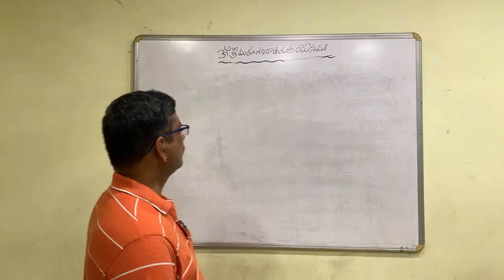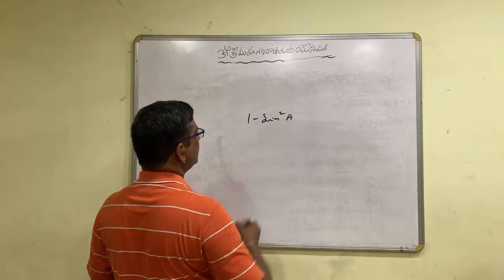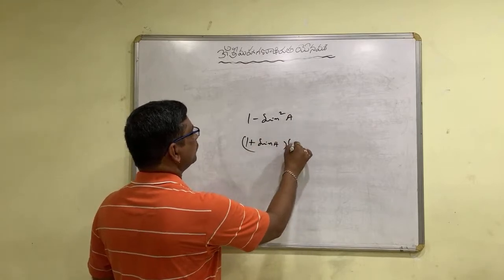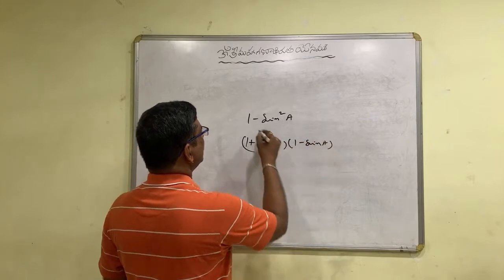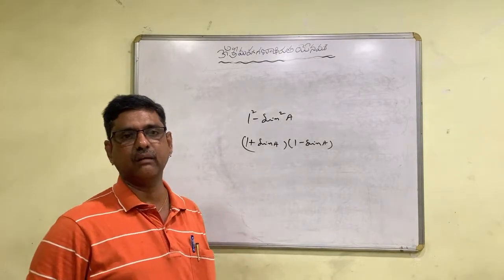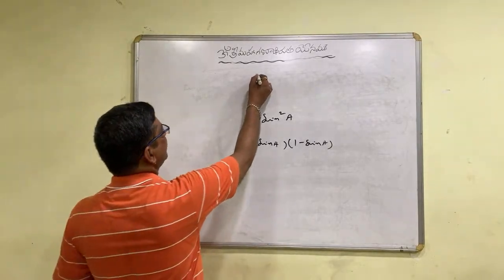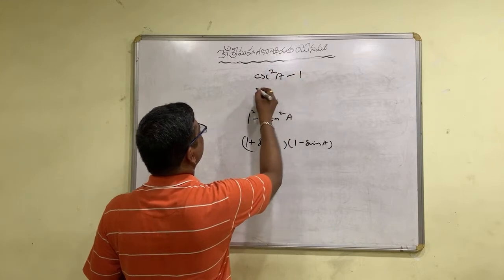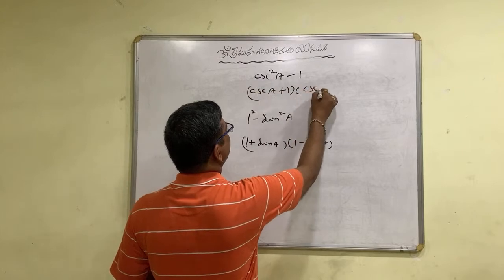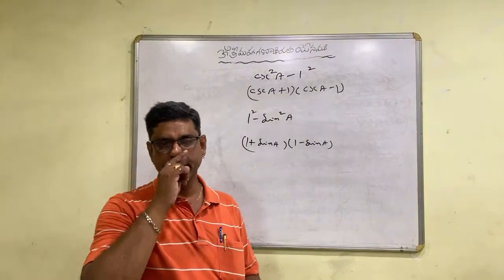And one more important point I told you, children: if you find 1 minus sin square A anywhere, be ready to write it as 1 plus sin A into 1 minus sin A, because we can express it as 1 square minus sin square A, which is A square minus B square, A plus B into A minus B. In the same way, wherever you get cosecant square A minus 1, you need to write it as cosecant A plus 1 into cosecant A minus 1, because it is also in the form of A square minus B square.